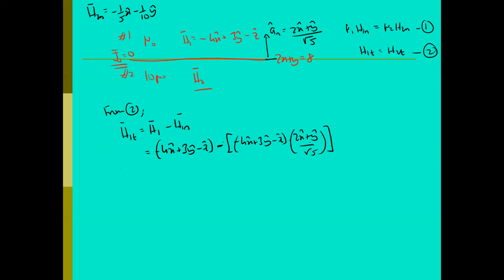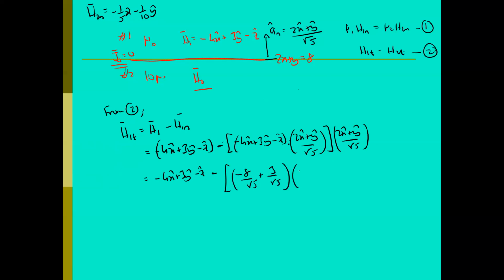Okay, and then this will need to be multiplied back with the normal vector, which is 2 of x plus y divided by root of 5. So we end up having -4 of x plus 3 of y minus z, and then minus these values, which will give us -8 over root of 5 plus 3 over root of 5.